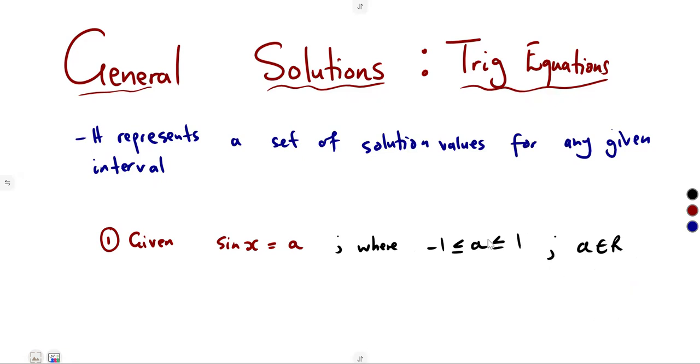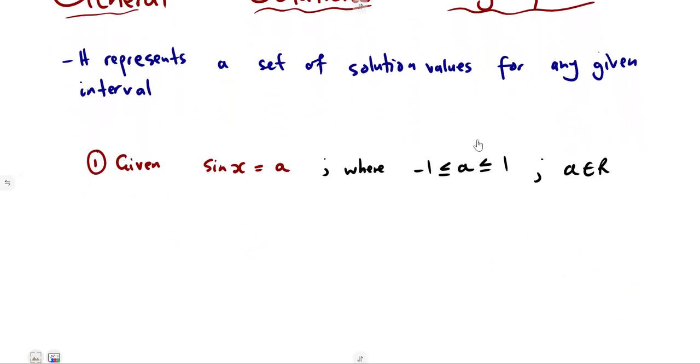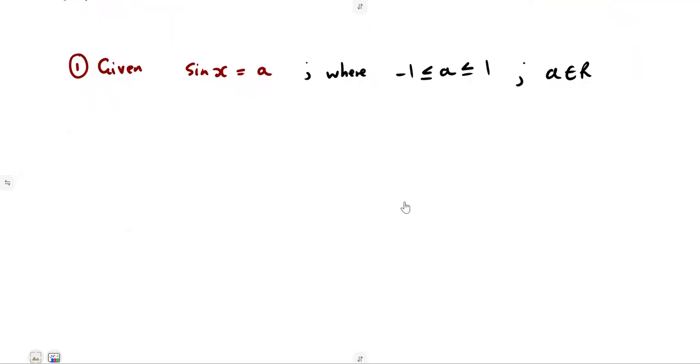So in order for us now to determine the general solution for such a condition, first we determine the reference angle. First, we must determine the reference angle, and you must consider that a can be positive or negative.